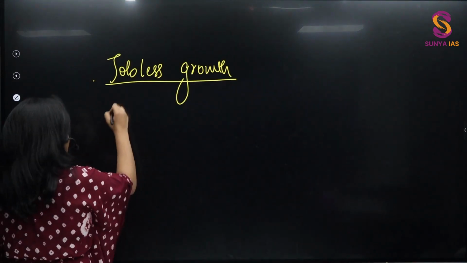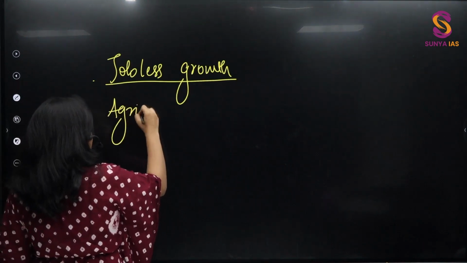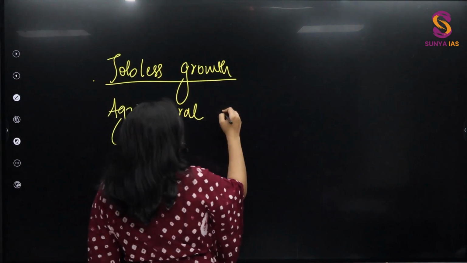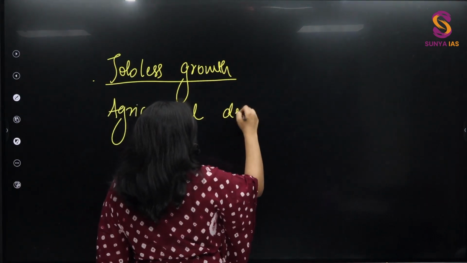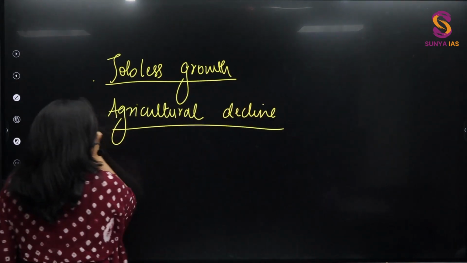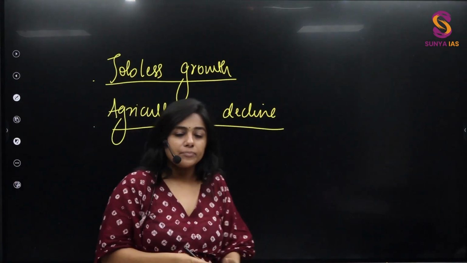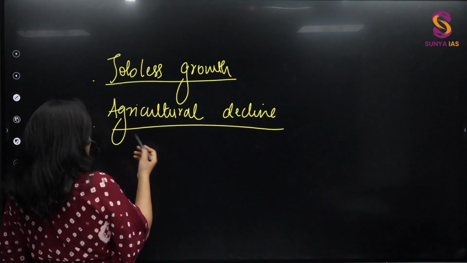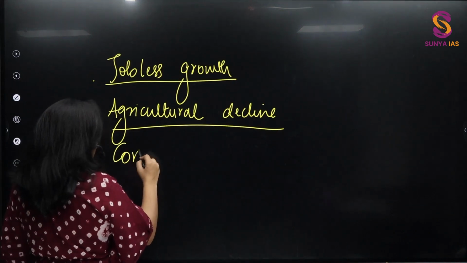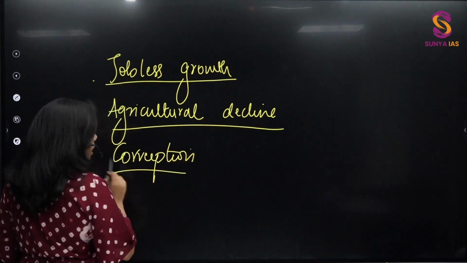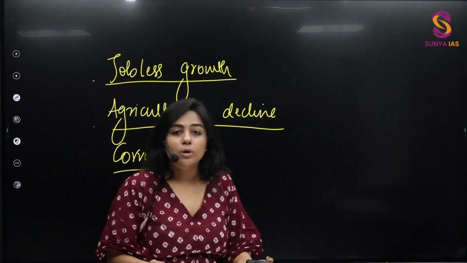Then it can be asked in context of agricultural decline, how the decline of agriculture leads to income inequality. Then it can be asked in the form of corruption, how corruption leads to income inequality.